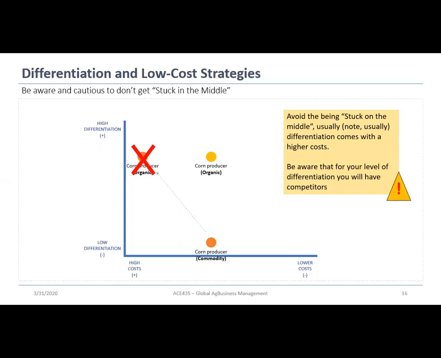So be aware that if you are going to be differentiated, you still need to pursue a cost advantage compared to your peers, right? So for your level of differentiation, you still need to compete on costs. It's not because you are differentiated that cost doesn't matter.